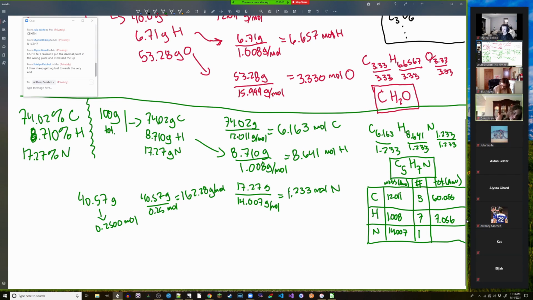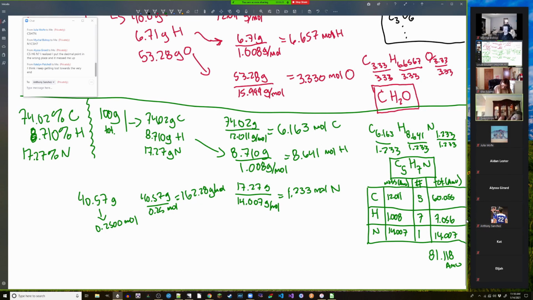And 14.007 times 1 is 14.007. Then we're just going to add these 3 up. And our total molar mass for whatever this formula is, not 8, not even 80, it's 81.118 AMU.